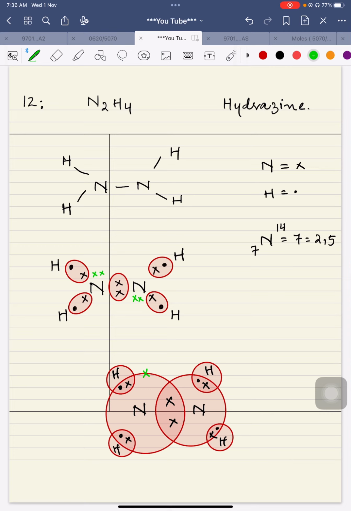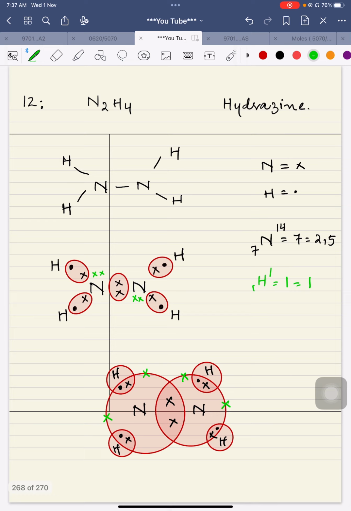All right, so these are the two electrons which are not participants of the bonding, but they are part of the outermost shell of each nitrogen atom. But when we are writing for hydrogen, it has only one electron, which will always be part of bonding. Whenever hydrogen is part of a structure, its electron will always be part of the bonding. Why? Because it has only one electron. All right, so this is the structure of hydrazine, formula N2H4.